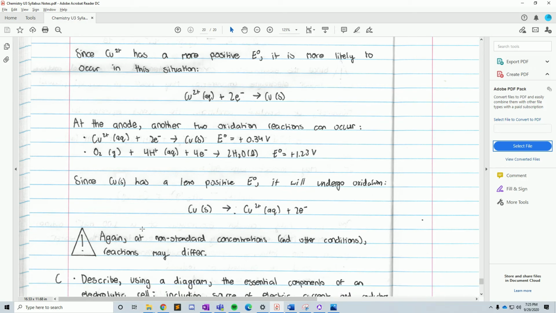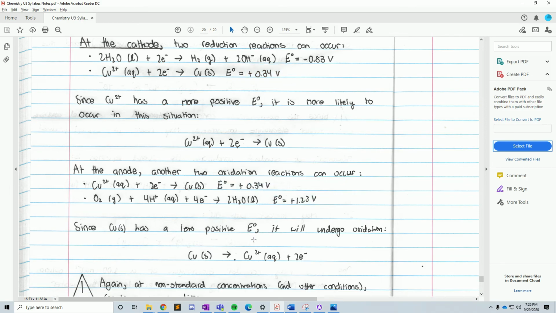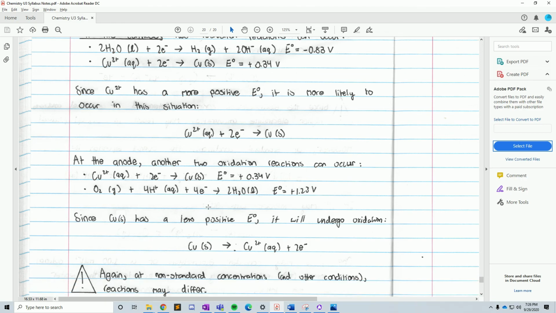And lastly, at non-standard concentrations the actual reactions may differ because these values here are standard potentials. So at different concentrations, at different temperatures, at different pressures, alternative potentials occur, and so you can't necessarily use this process. So if they ask in the exam what the limitations of these predictions are, you can say that.